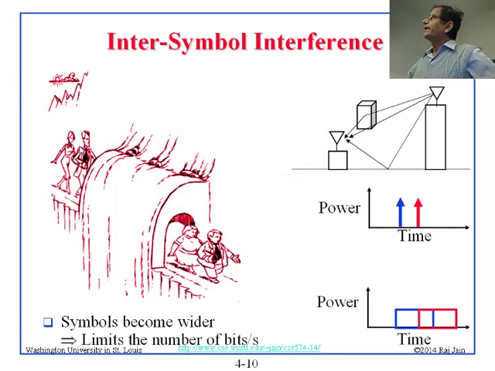Basically, the channel is like a tunnel in which you send people who are very beautiful, handsome, tall, thin, and as they travel, they get two things. First of all, they become fatter and they become shorter.